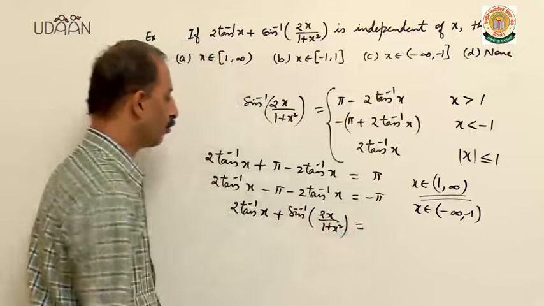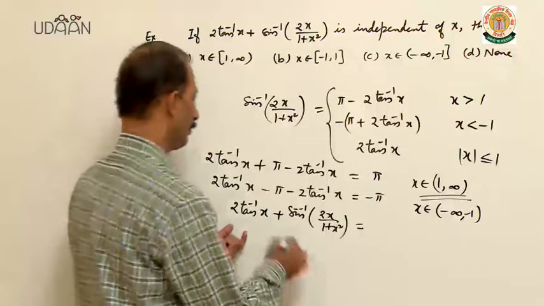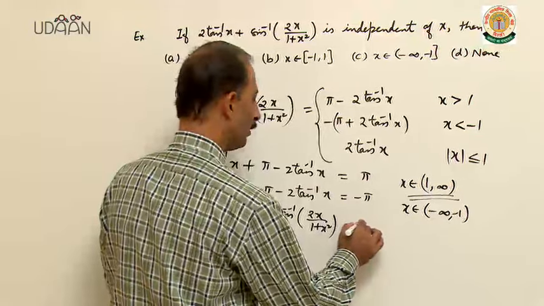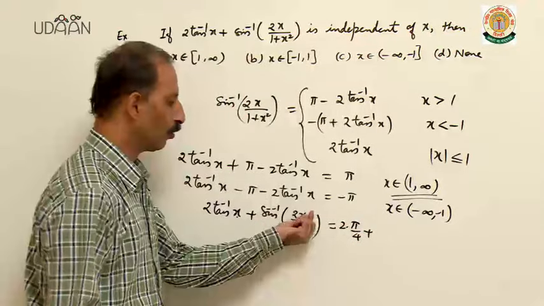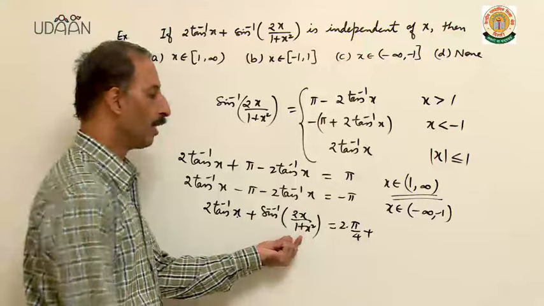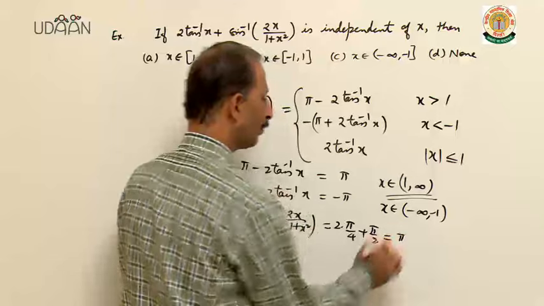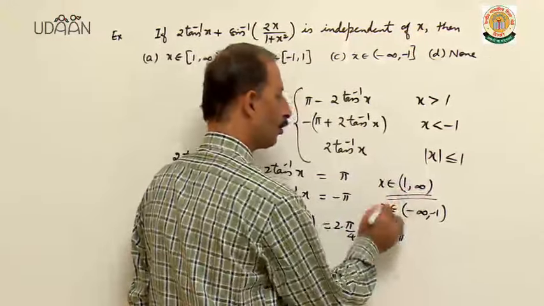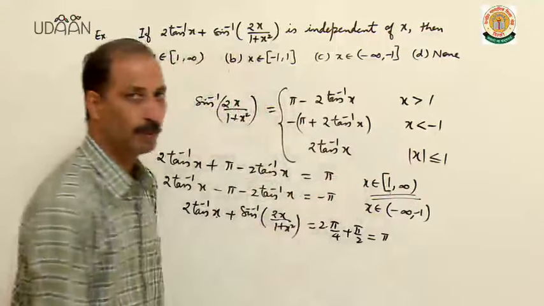Put x equal to 1 here and here: it becomes 2 tan inverse 1, and tan inverse 1 is pi by 4. Put x equal to 1, it becomes 2 upon 2 sin inverse 1, that is pi by 2. So again it is pi, independent of x. So x belongs to 1 also. So we can take x belonging to the closed interval, then its value will be pi.